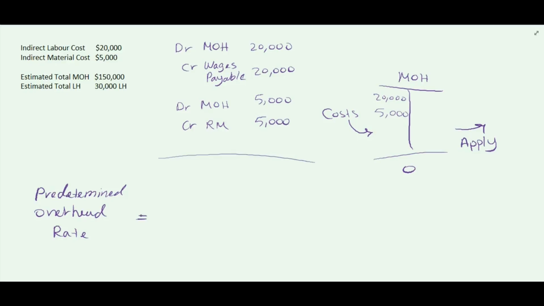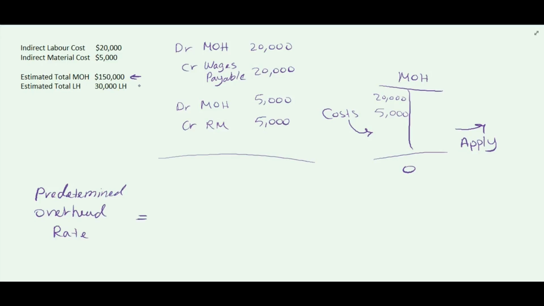So for example, in this company, they have estimated that the total manufacturing overhead would be $150,000 during the period, and they have chosen that we will apply manufacturing overhead to products based on labor hour time.